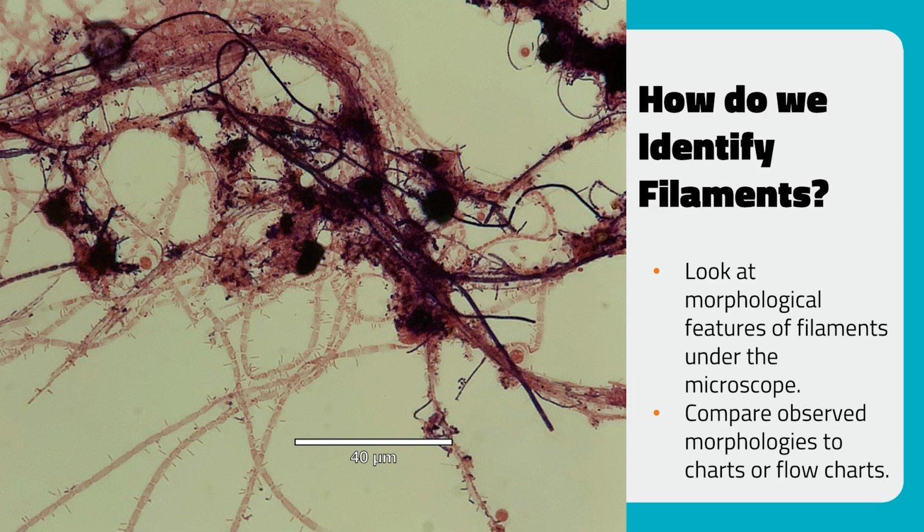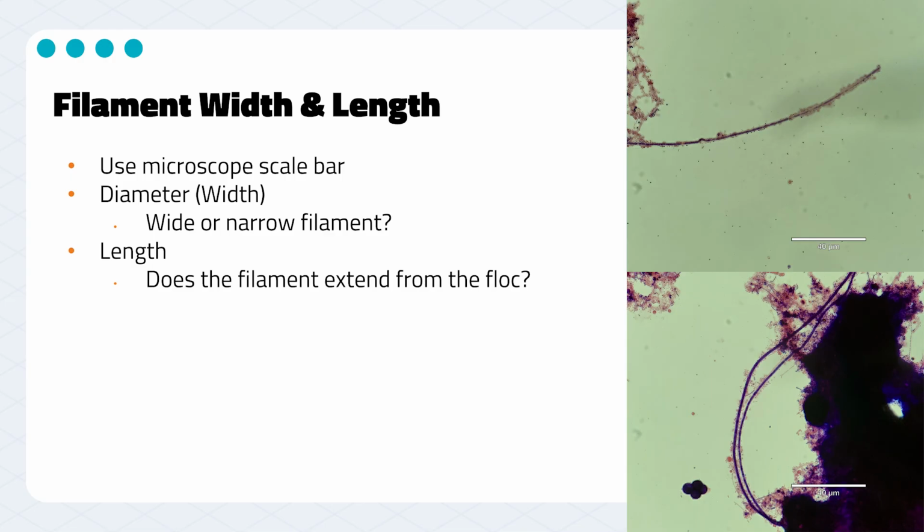And then we're also going to look at some staining characteristics. So we're going to take advantage of certain microscopy tools like staining to help us identify filaments. One of the first things that we look at when we're observing a filament is the filament width and length.